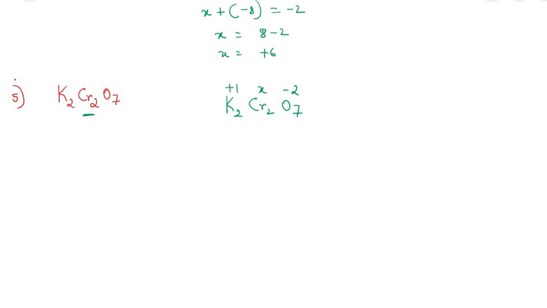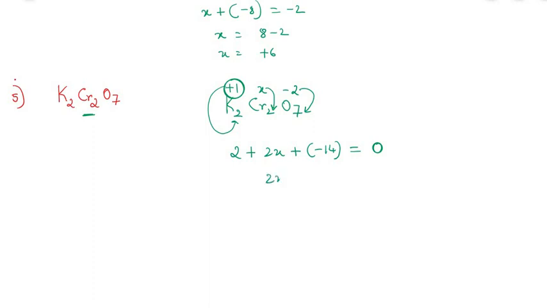So plus 1 into 2 becomes 2, plus X into 2 becomes 2X, plus -2 into 7 becomes -14, and that is equal to 0.